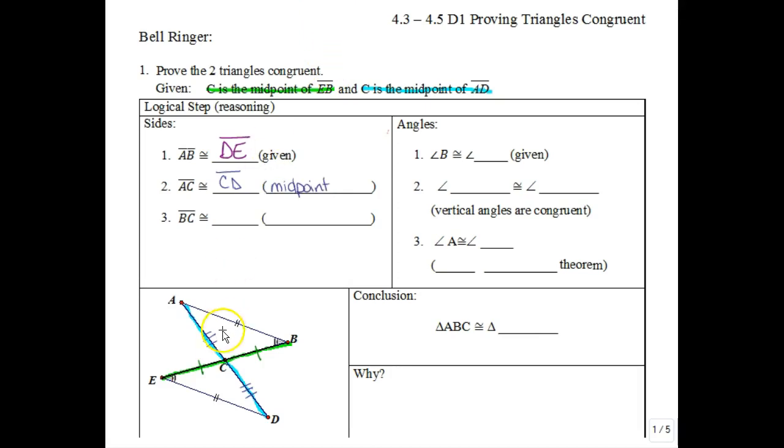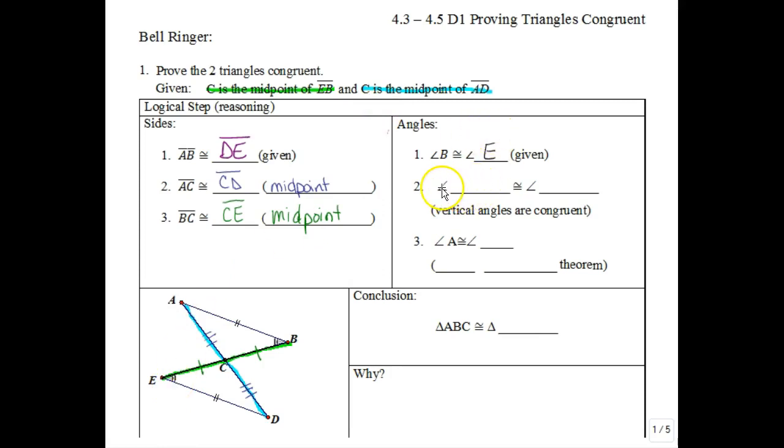We're going to do the same thing with segment BC congruent to segment CE. Again, that stemmed from the fact that we had a midpoint. In terms of the angles, it is given that angle B is congruent to angle E.